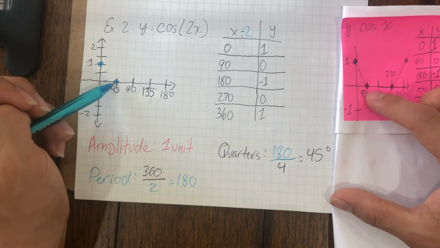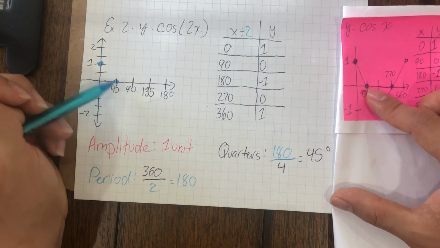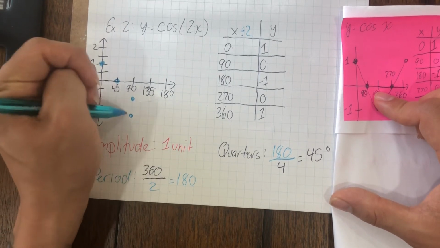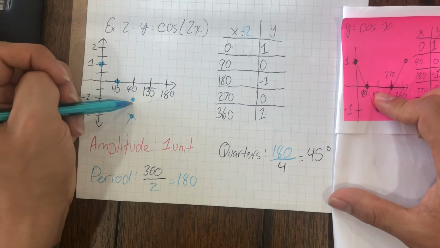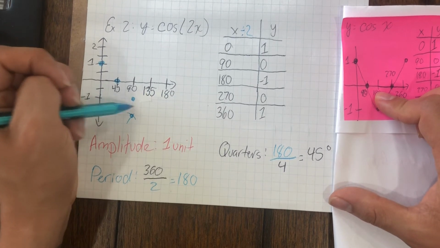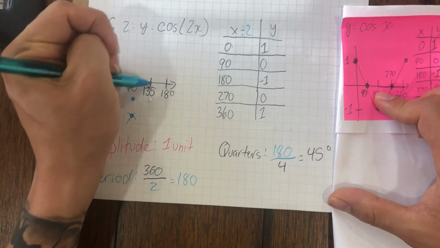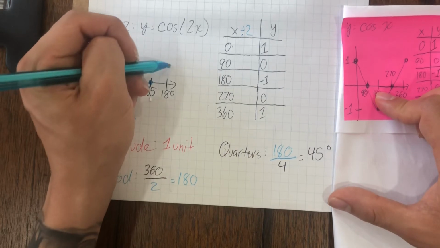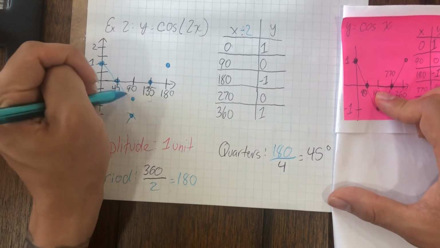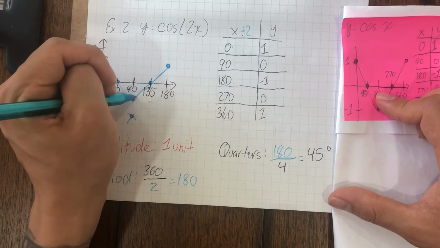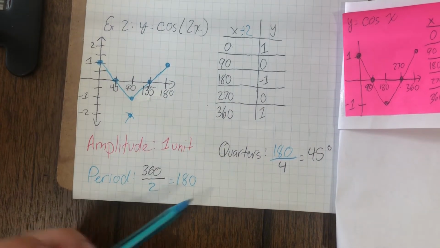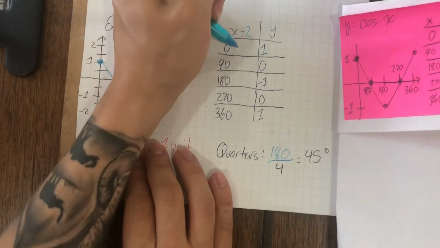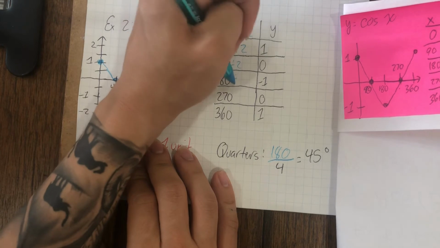And then we're going to go from mid to min, that's 90, 0 to 180, 0... And then we have min to mid, 135, 0. Then we're at mid to max. And I'm going to connect my points. So the x values definitely decreased for cosine of 2x. What happened was that each of the x values were divided by 2.